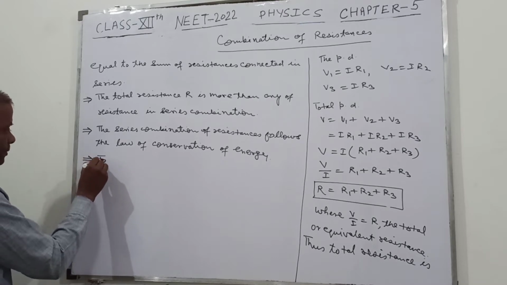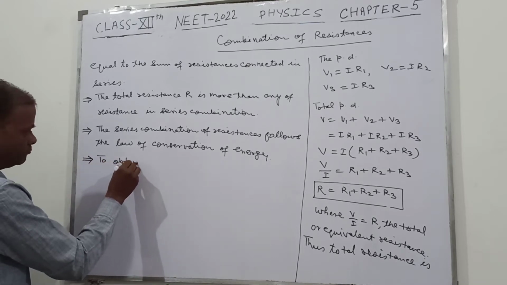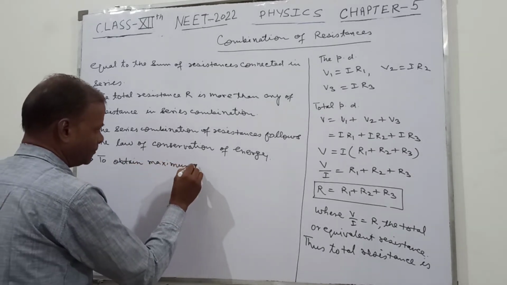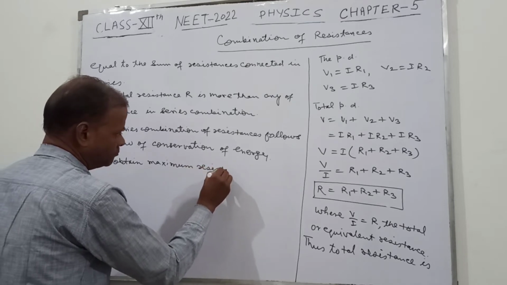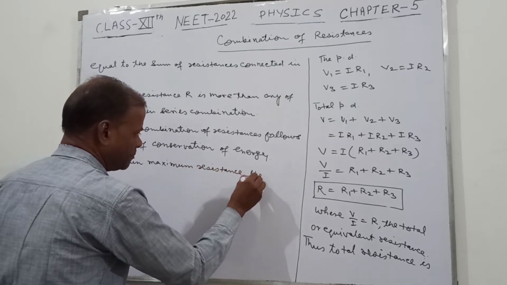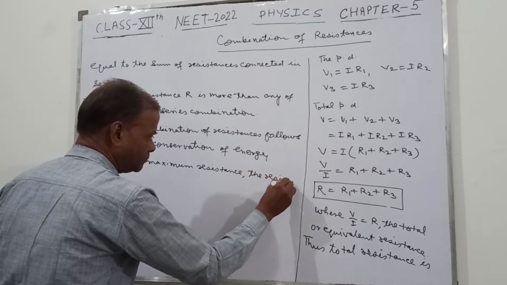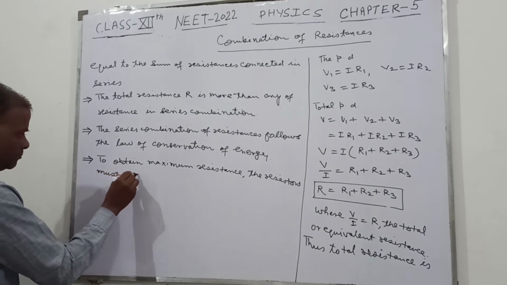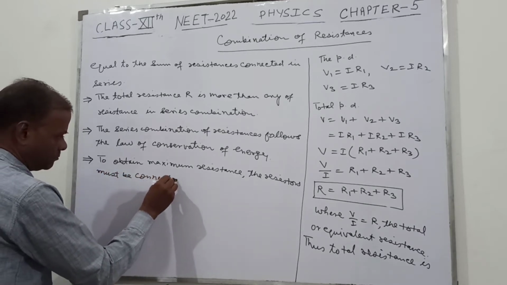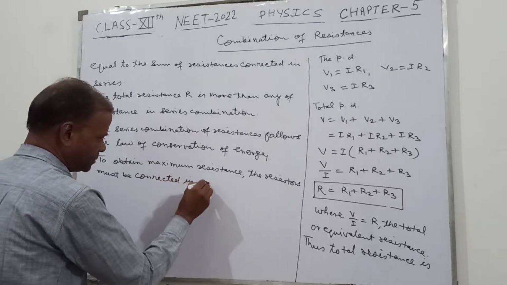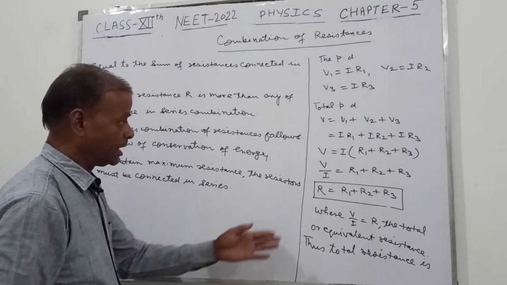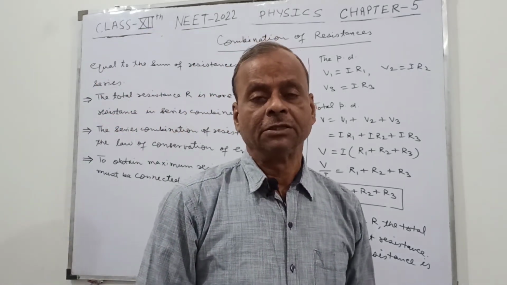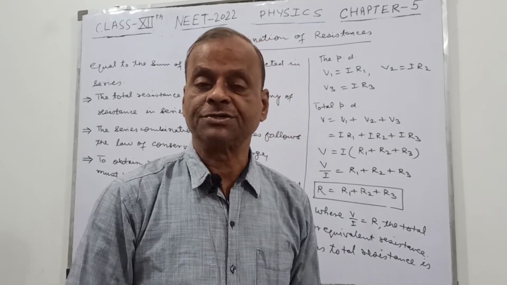So to obtain maximum resistance, the resistors must be connected in series. तो ये R का मान मैक्सिमम होता है, इसलिए अगर आपको मैक्सिमम रेजिस्टेंस गेन करना है देन ऑल द रेजिस्टर्स मस्ट बी कनेक्टेड इन सीरीज.